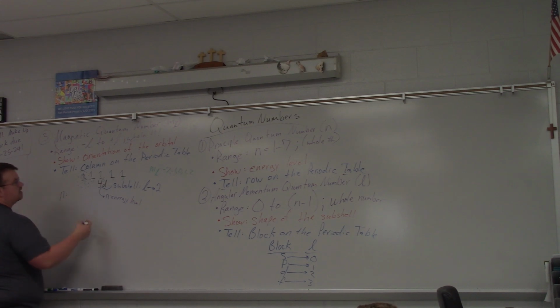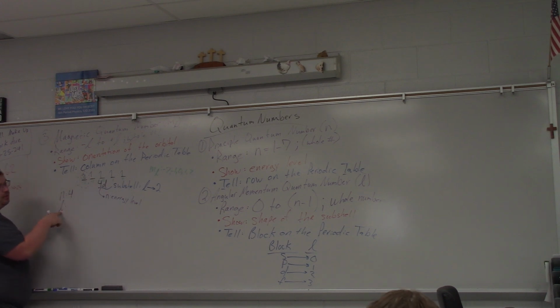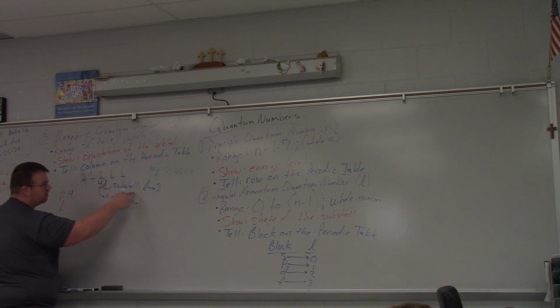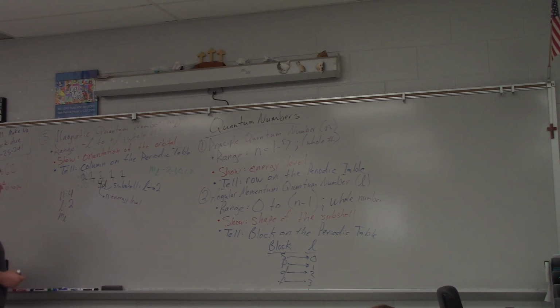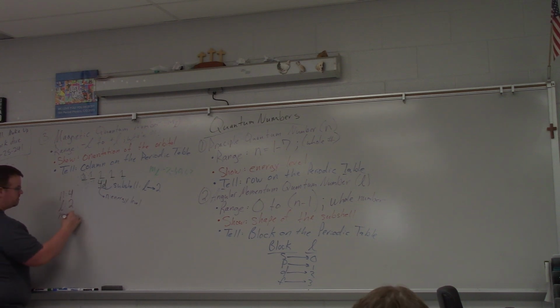N is the energy level. The energy level I'm at is 4. The angular momentum quantum number, L, I'm in a D subshell, so L is 2. And then I have M sub L, the orientation, and the orientation of this orbital is -2.